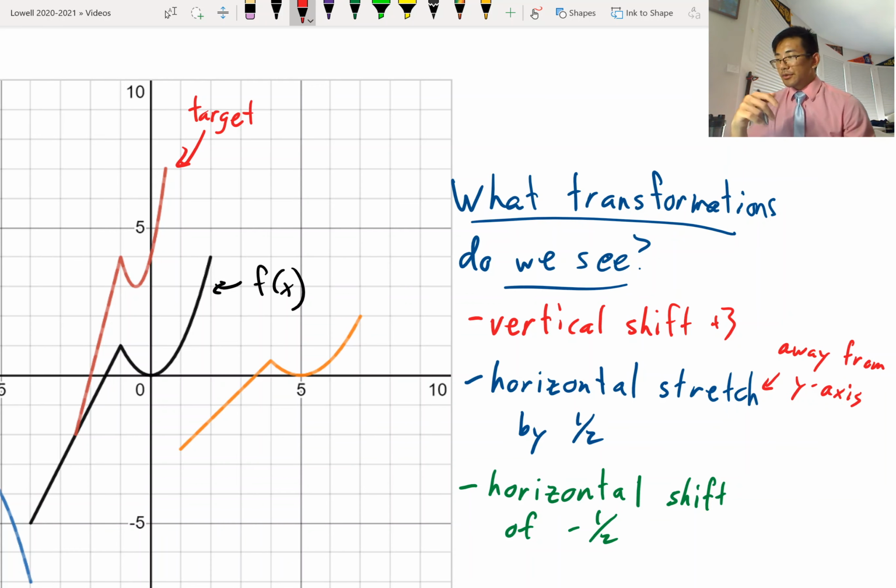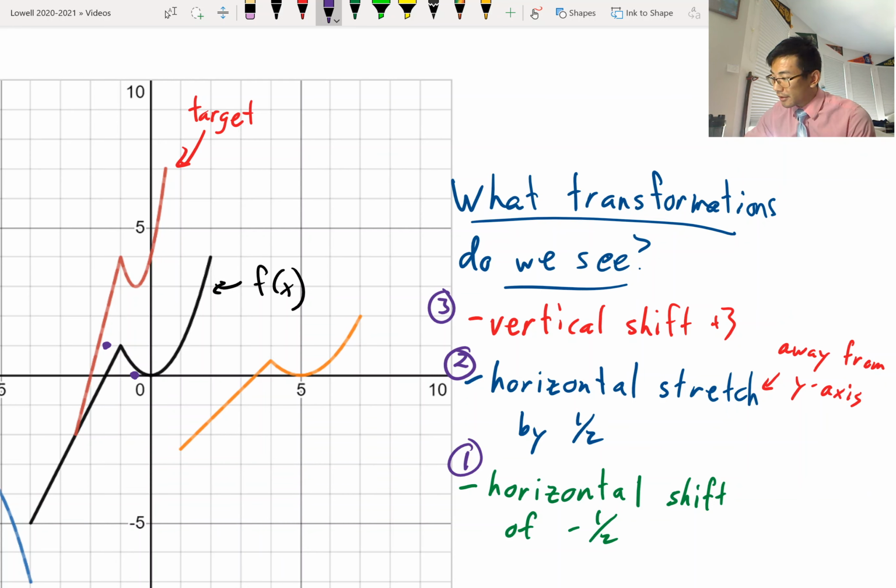Here's what we can see. Let's apply the transformations in this order: I shift it once, then I stretch it, and then I shift it up. A horizontal shift of -1/2 means moving everything to the left 1/2. So this point is going to go right here, in purple.